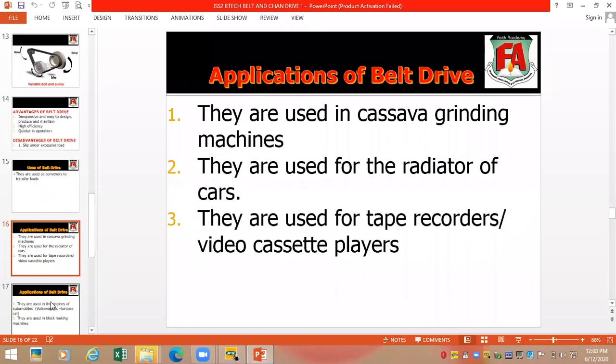Applications of belt drive. What are the applications? The number one application, they are used in cassava grinding machines. Number two application, they are used for the radiators.